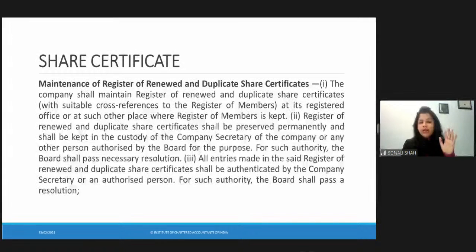And these registers are kept at the registered office of the company and they are preserved permanently and kept in the custody of the company secretary or the person who has been authorized by the board for such purpose, right? And whatever entries are made in this register, these entries are authenticated by the company secretary or the person authorized by the board for such purpose, right?